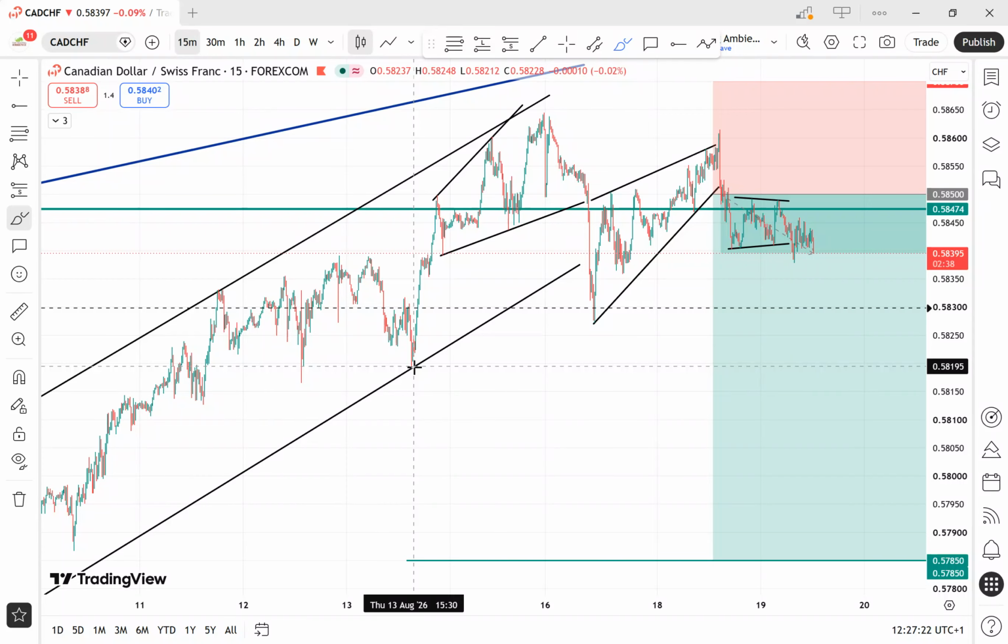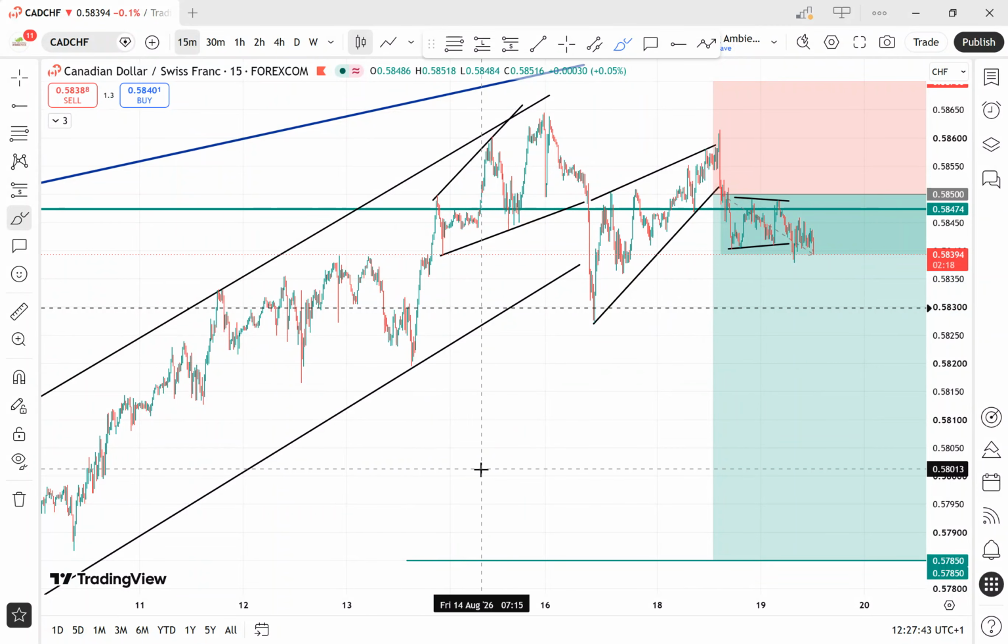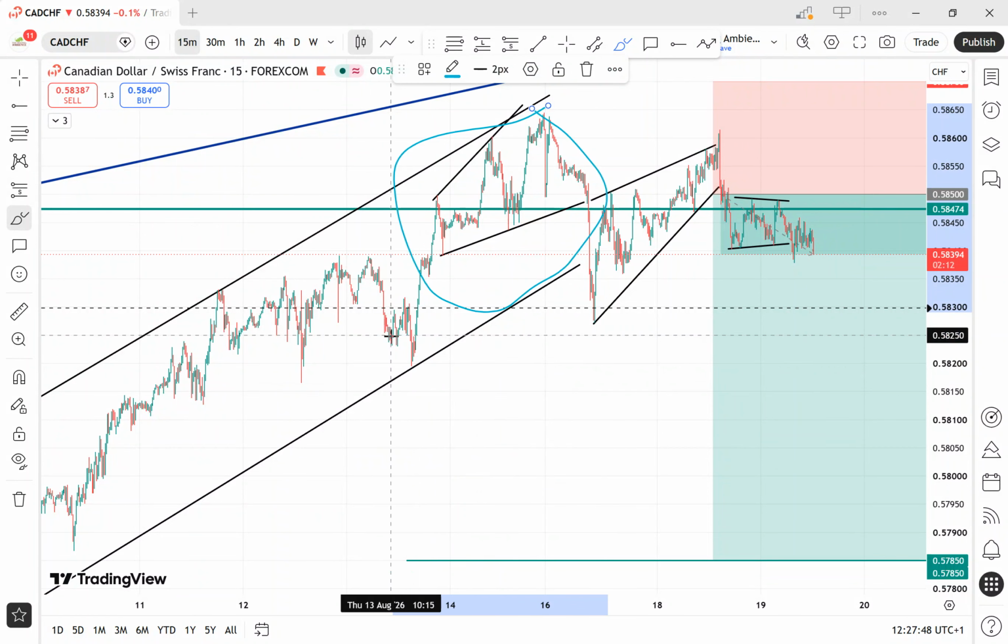What we are looking for here is the alignment from the higher time frame to the mid time frame to the lower time frame, which is our execution time frame. Within this reversal structure we have another bullish impulse on the lower time frame, and a bearish reversal structure.